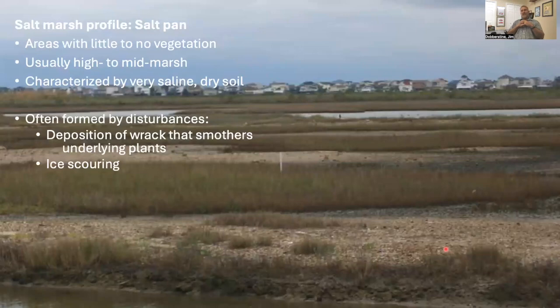This can be formed by disturbances or aided by disturbances as well. When you get a slug of salt water in from a hurricane, it can exacerbate the existence of those salt pans. Also, because it does see high tides, there is debris that floats along the surface of the water in these marshes, small branches and sticks and leaf litter and trash and all kinds of stuff that gets deposited when the tide goes back out.